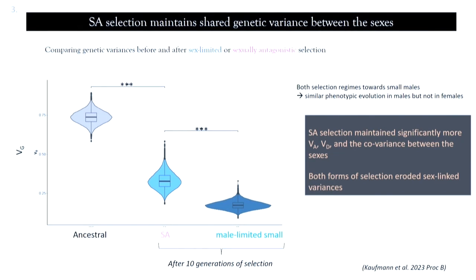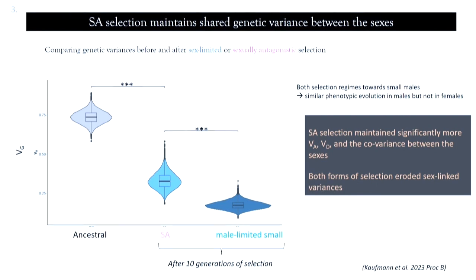And we could see that SA selection did maintain significantly more additive genetic variance as well as dominance variance. I didn't bring this up, but we also detected a small but significant amount of dominance variance only in females. So both of these variances could be maintained better under SA selection.